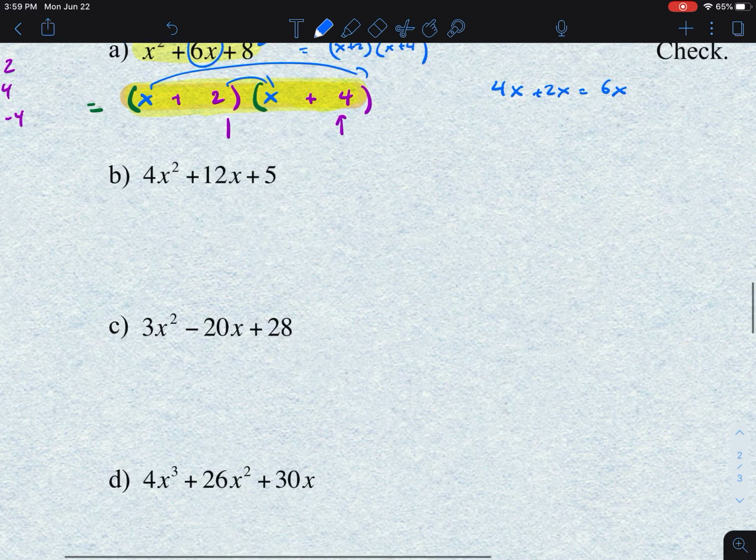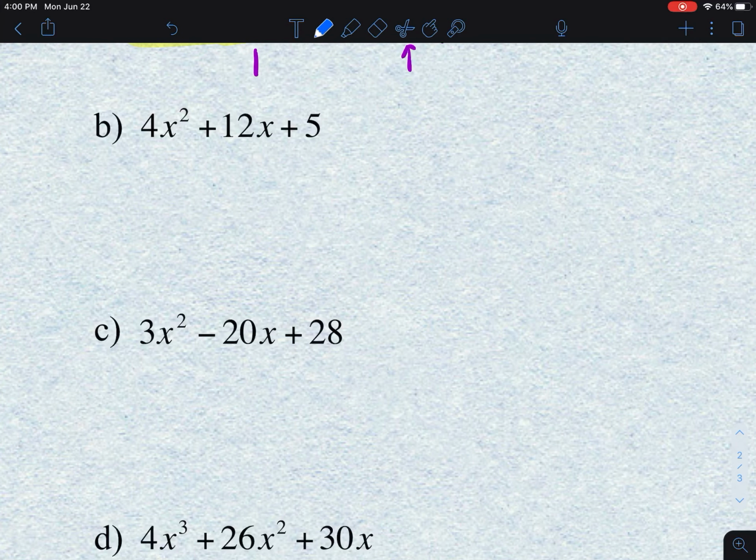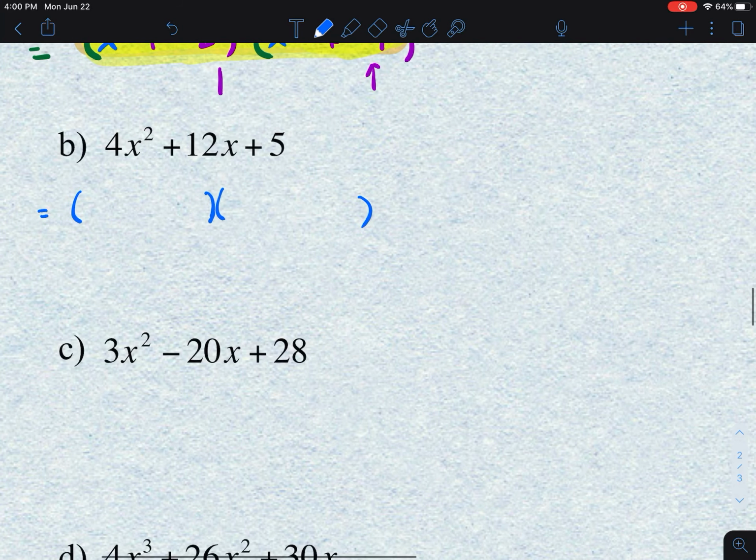And let's try one where the coefficient is larger. Okay, so we're saying, well, if this was to factor, then it's going to factor into a binomial times a binomial. Okay, and our first term is 4x squared.